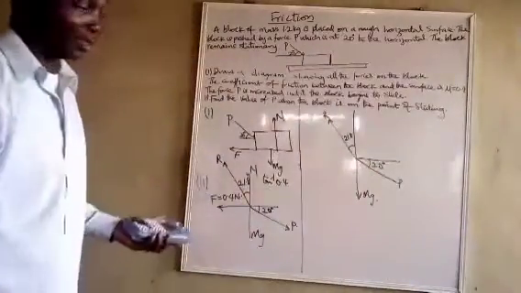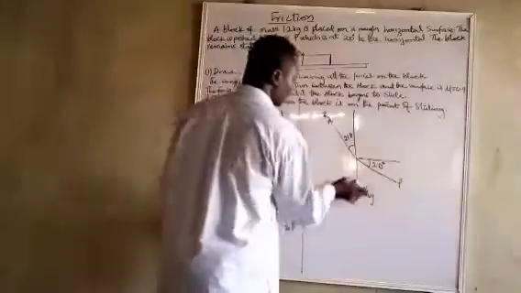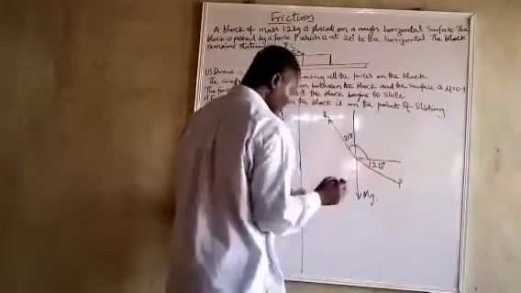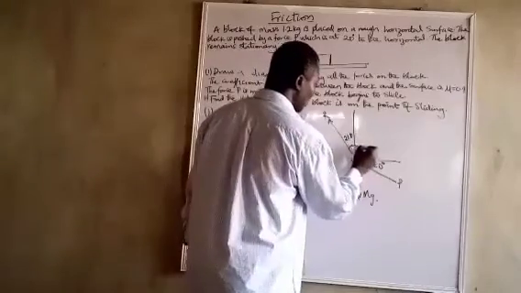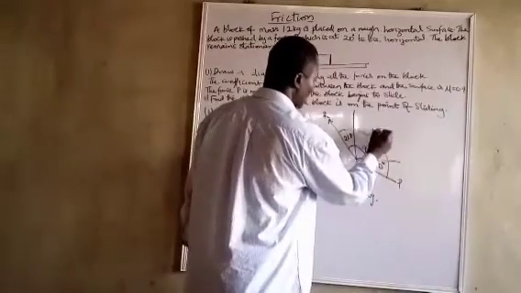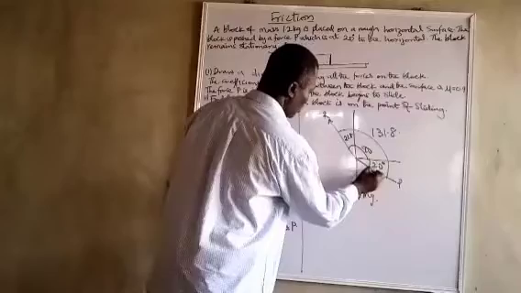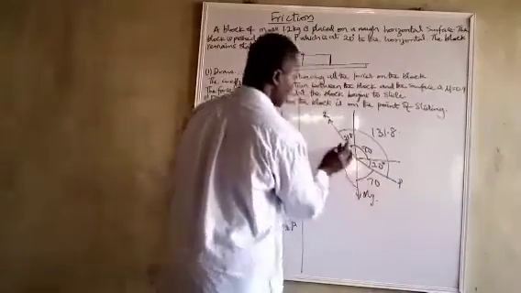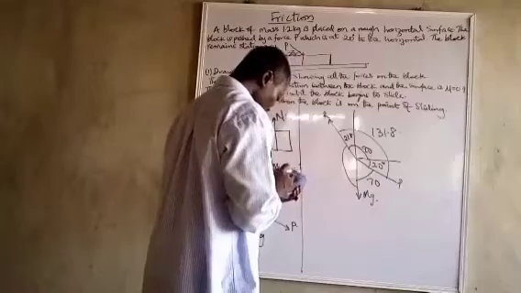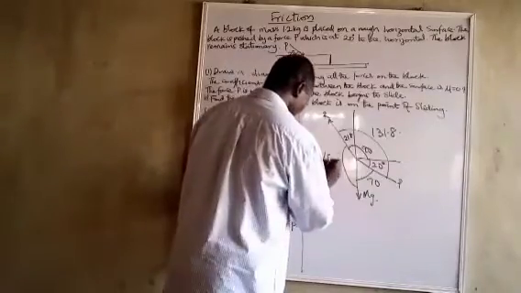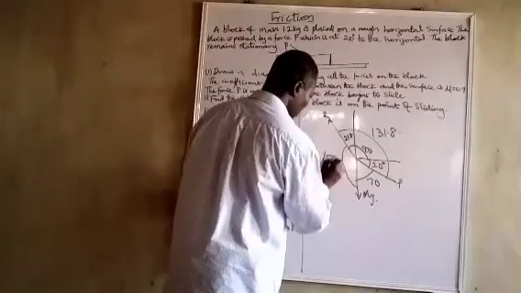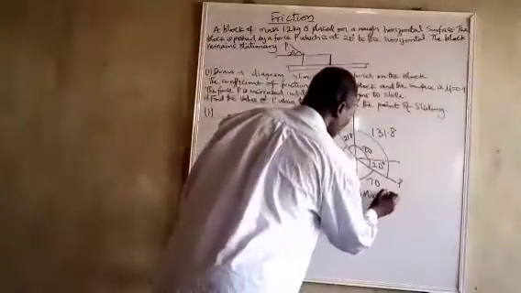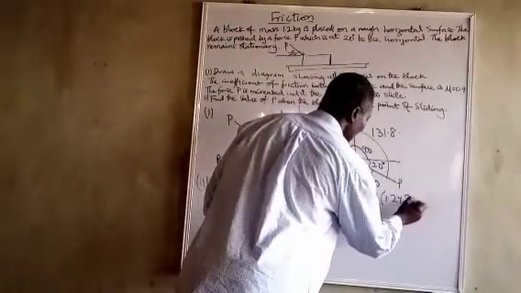So I can use Lami's theorem, and I can use a triangle of forces. Let's see what Lami's theorem will be. This one will be 20 plus 21.8, and this place is 90 degrees. So everything here is 131.8. From here to here is 70, and from here to here is 180 minus 21.8, and this is 158.2. This is 1.2 times 9.8.